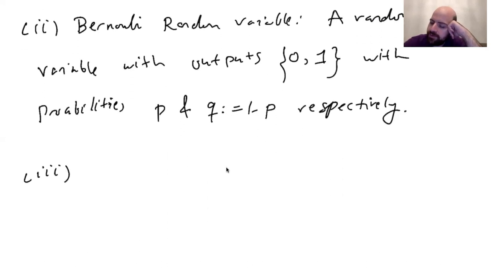And another type of random variable is called an indicator random variable.